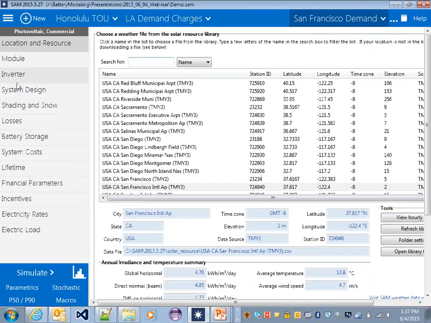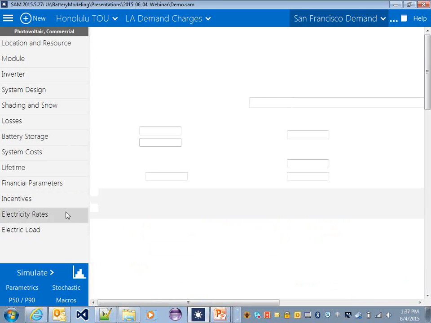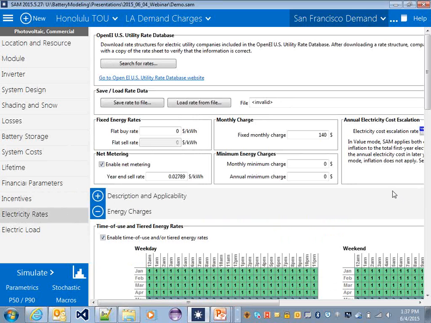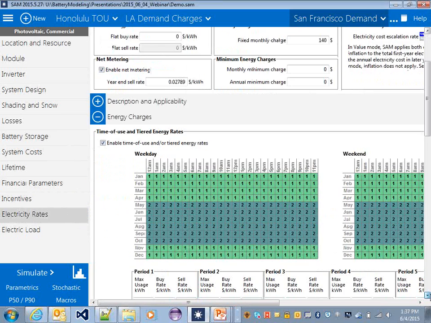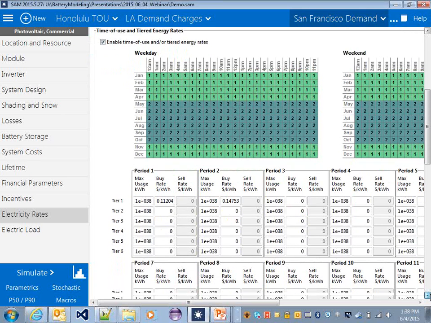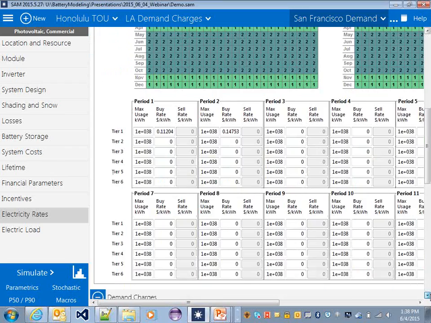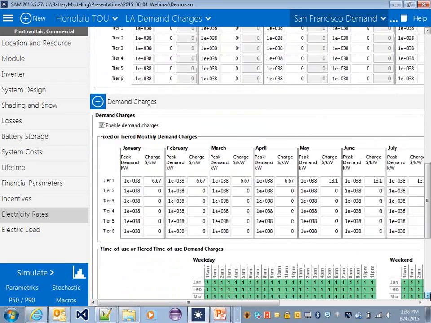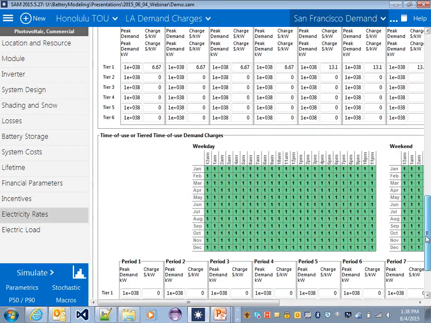So for a commercial system, you might have a demand rate utility structure, which I've already downloaded here. This is in San Francisco. They also have time of use rates, but they're not really tiered in such a way.